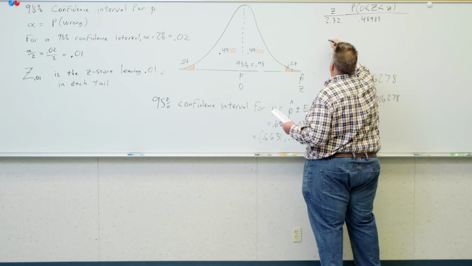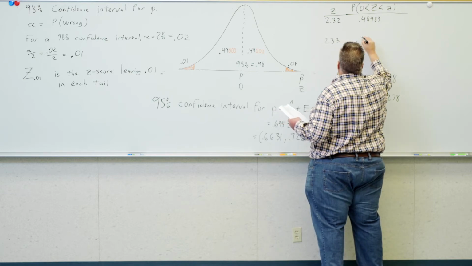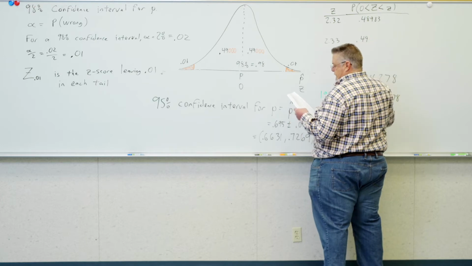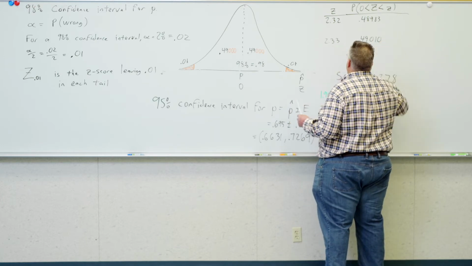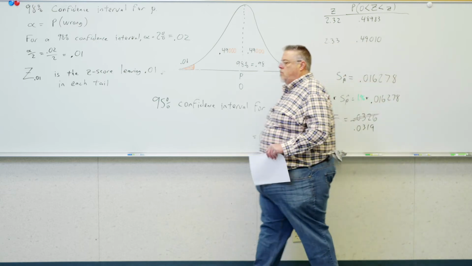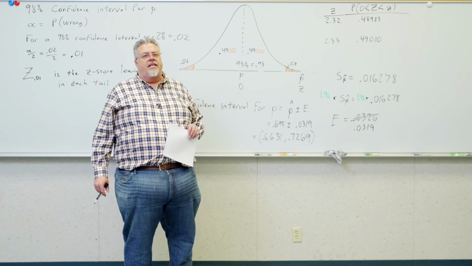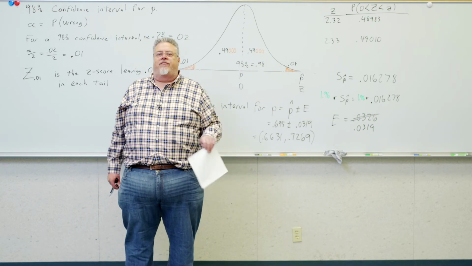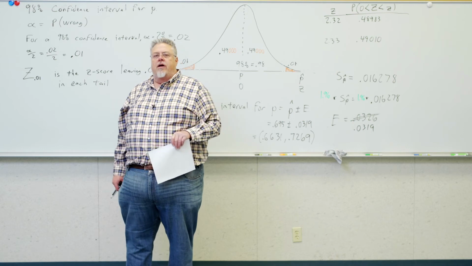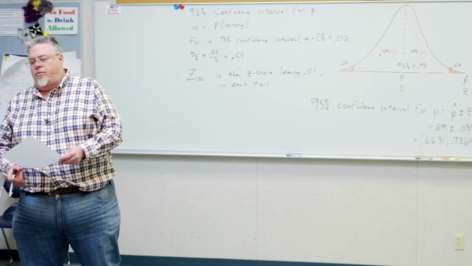And I'm leaving a little space here. At 2.33, I get 0.49010. So what is the z-score that leaves 1% in each tail? I don't know precisely from my z-table, but I know that it's somewhere between 2.32 and 2.33.